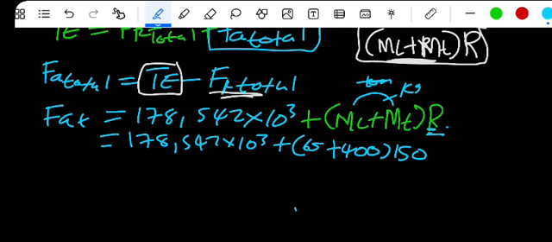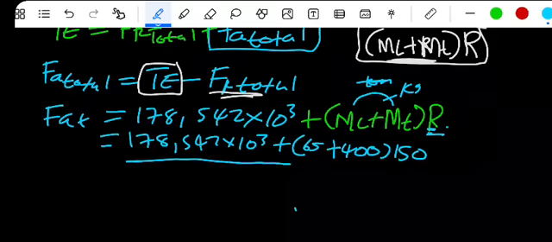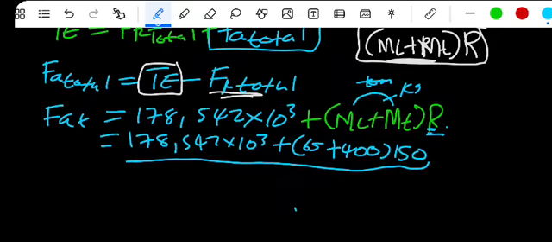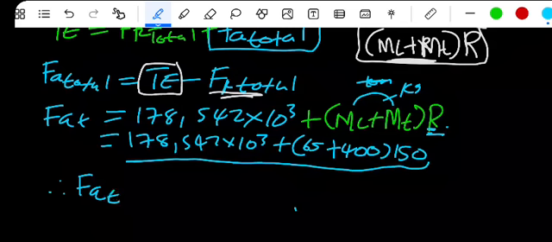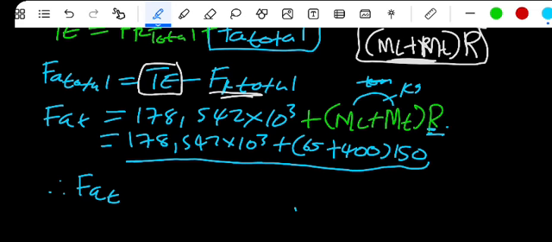All right, I will try and punch this. And what about our FA, remember, this is the total acceleration force. 178,542 times 10 to the power of 3 plus 65 plus 400 times 1/5.